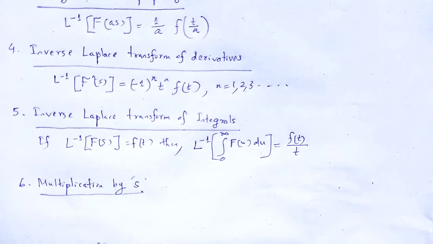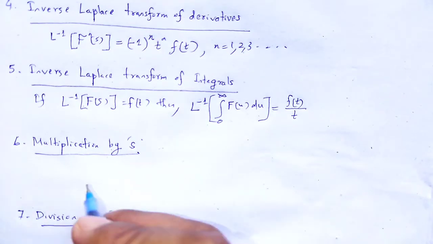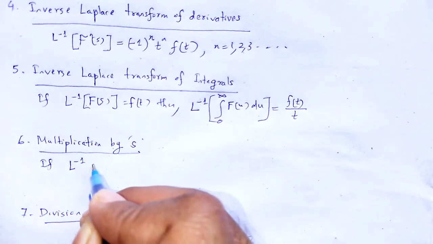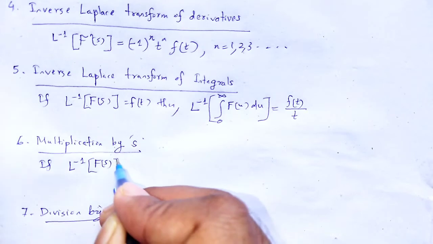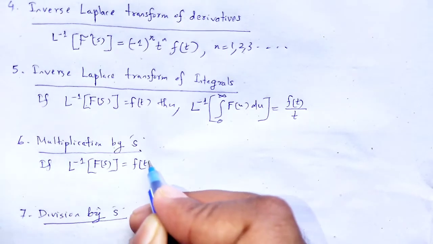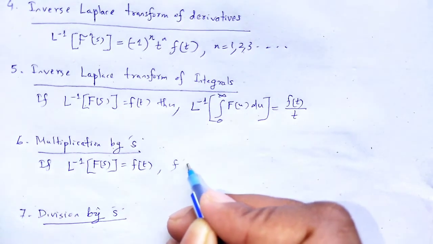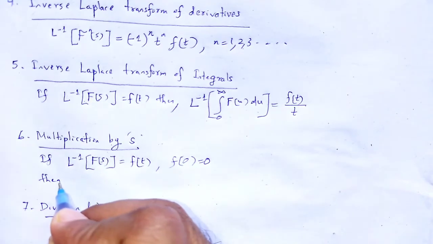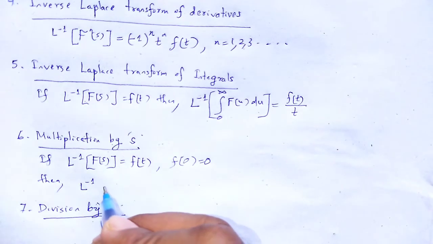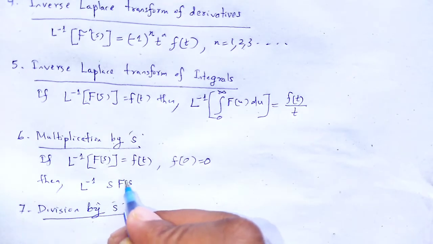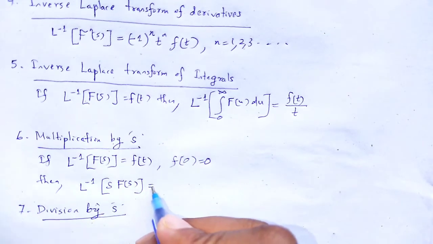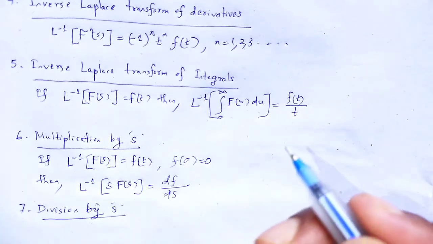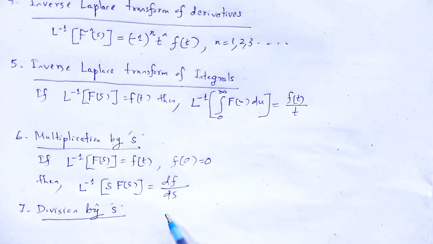Next, if s is multiplied, then what should be the inverse Laplace transform? If inverse Laplace transform of F(s) is equal to f(t), and at 0 that function value is equal to 0, then inverse Laplace transform of s into F(s) is equal to differentiation, df by dt, differentiation of f with respect to t.